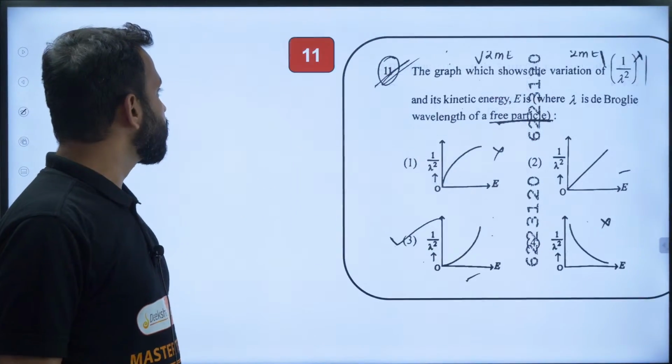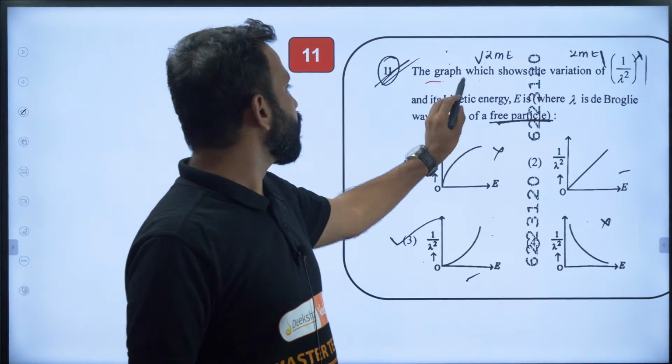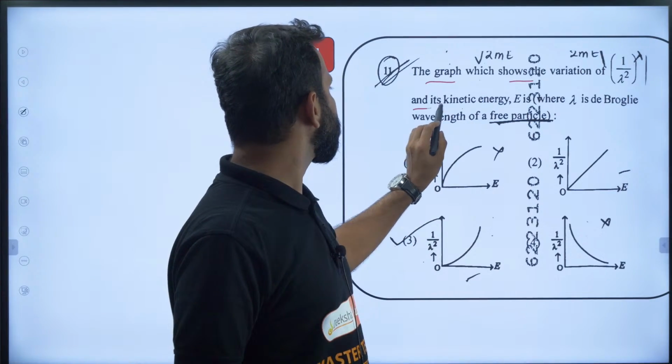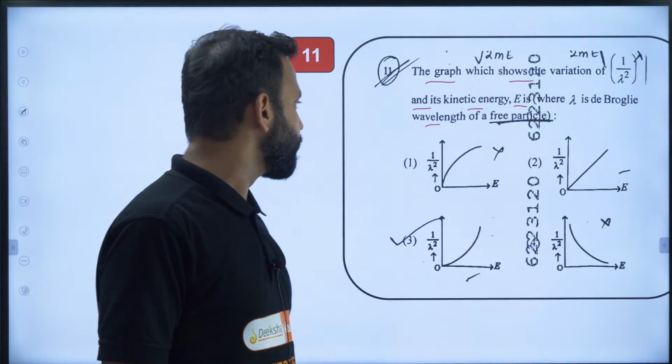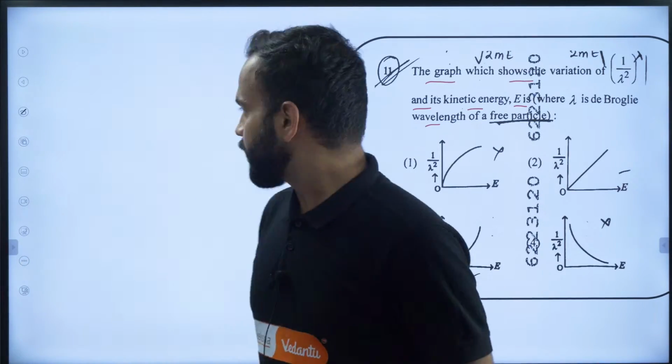Next one, question number 11. The graph which shows the variation of 1 by lambda square and kinetic energy E is, where lambda is the de Broglie wavelength of a particle. Again, the simple one, right?